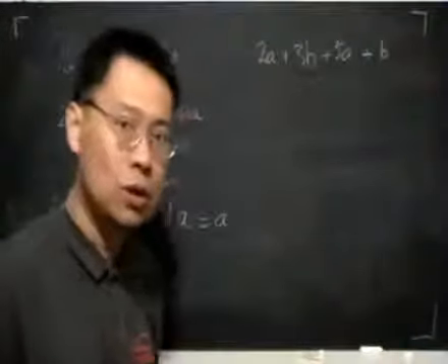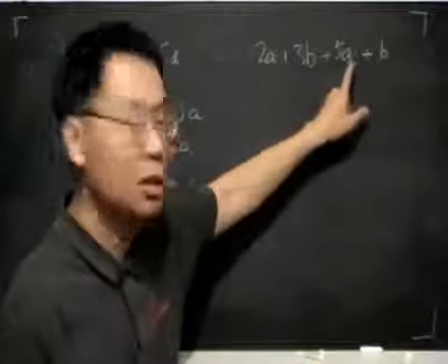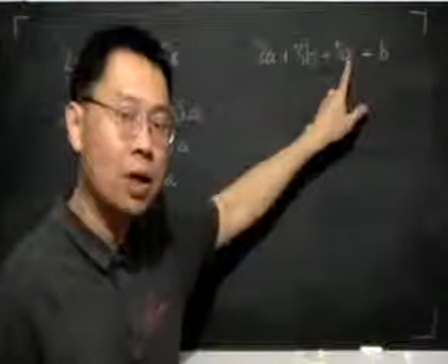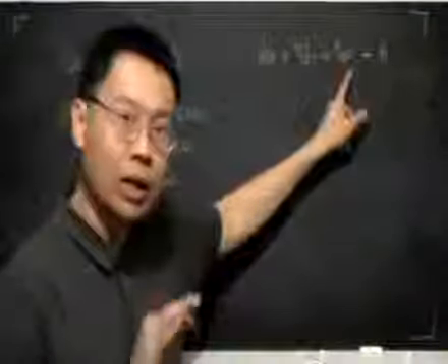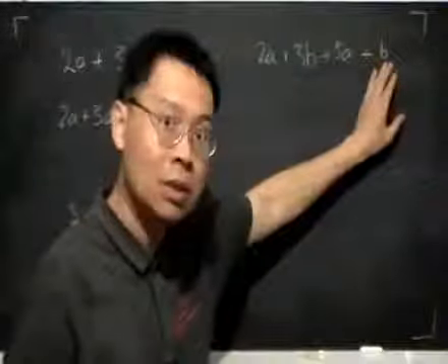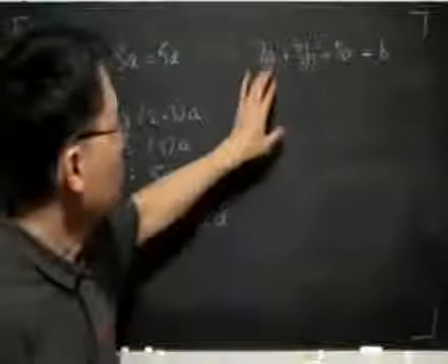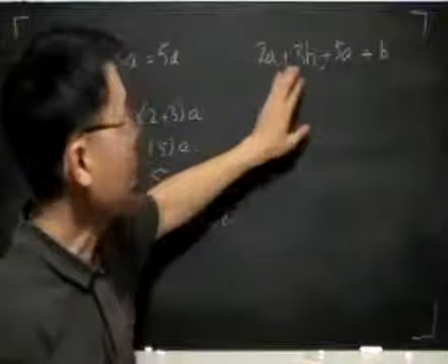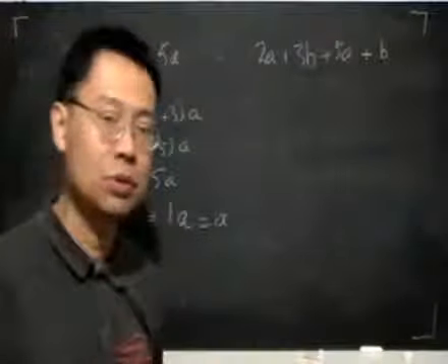We call the terms involving the same symbol like terms. So 2a and 5a are like terms, 3b and b are like terms. Whereas 2a and 3b would be unlike terms because they have different symbols.